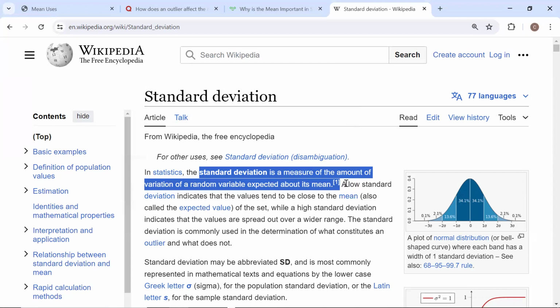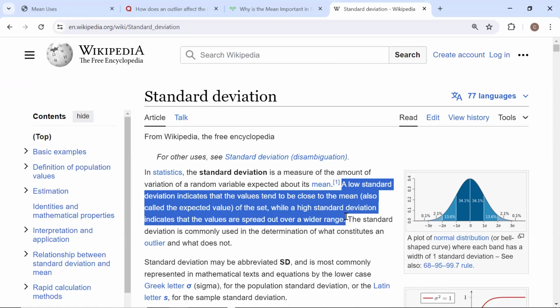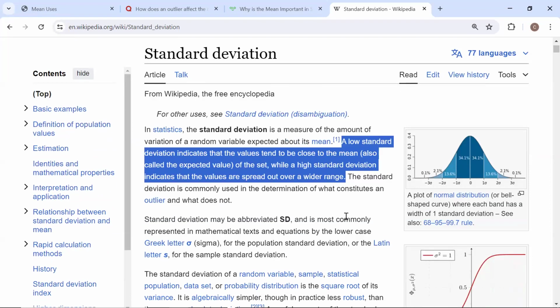A low standard deviation indicates that values tend to be very close to the mean, while a high standard deviation indicates that the values are spread out over a wider range. High standard deviation means the data values are more spread out, which means lower consistency, whereas a low standard deviation means the data values are less spread out, and it also means a higher consistency.